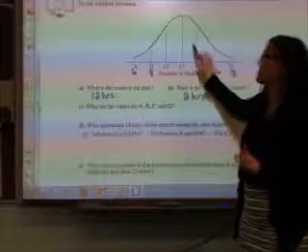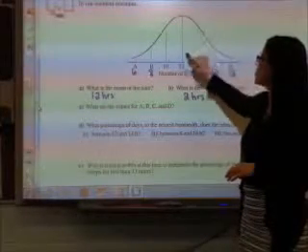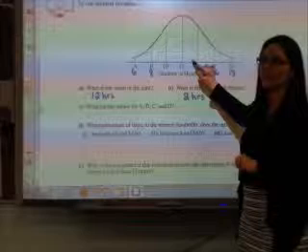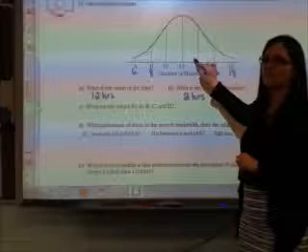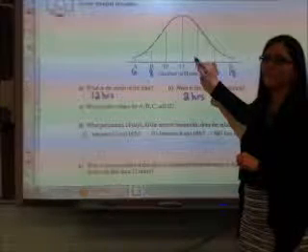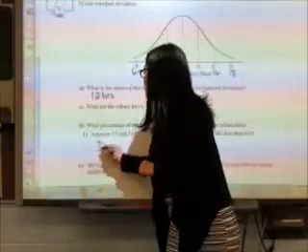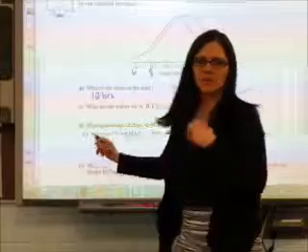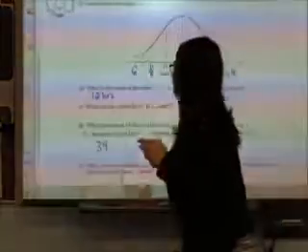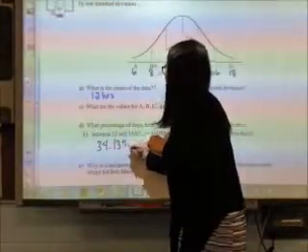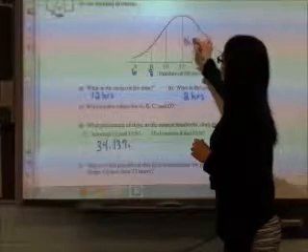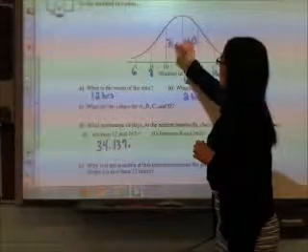On my normal distribution curve, what percentage was within one standard deviation? Look on the previous page. 34.13. So 34.13 was right here, which is also right there.